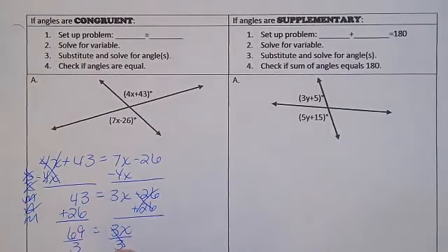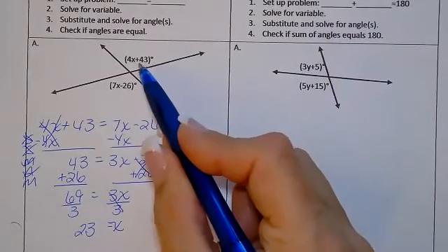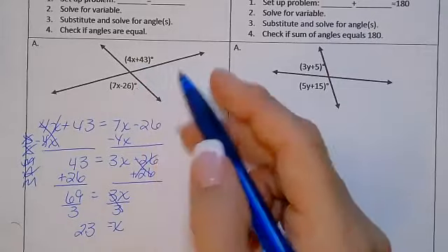And x equals 23. Okay, I'm not quite done. I know what x equals, but I need to find the angle measures. So I'm going to substitute x here and then substitute x here.